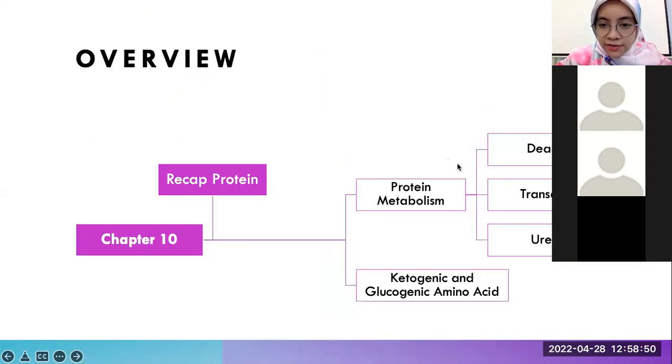Okay, we have covered protein metabolism. Now it's important for you to understand that amino acids can also be categorized by these properties we call ketogenic amino acid and glucogenic amino acid.